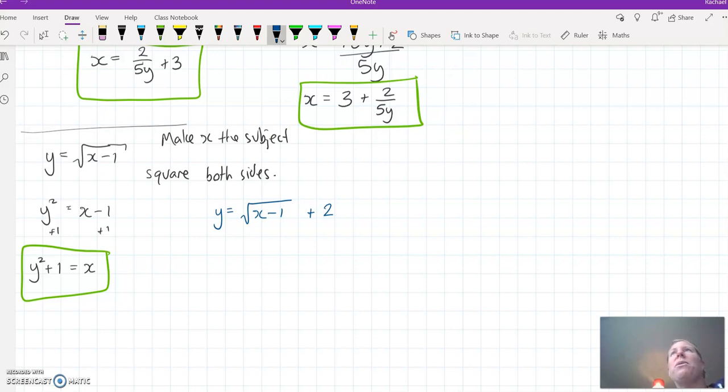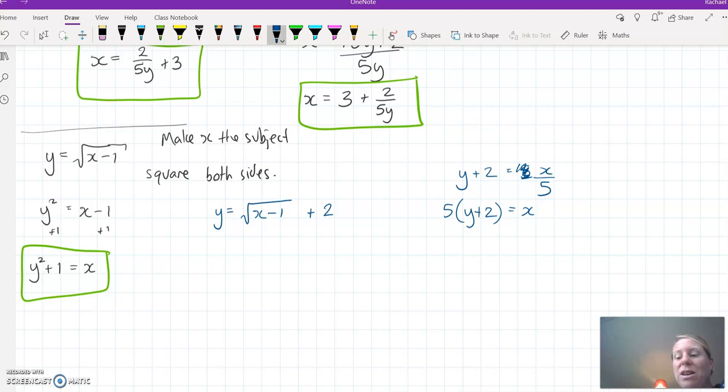So an example: let's say I had y plus 2 equals x over 5. If I wanted to multiply by 5 to get rid of that 5, I need to make sure that I times that whole left-hand side by 5. Just emphasizing that we're doing it to the whole side.